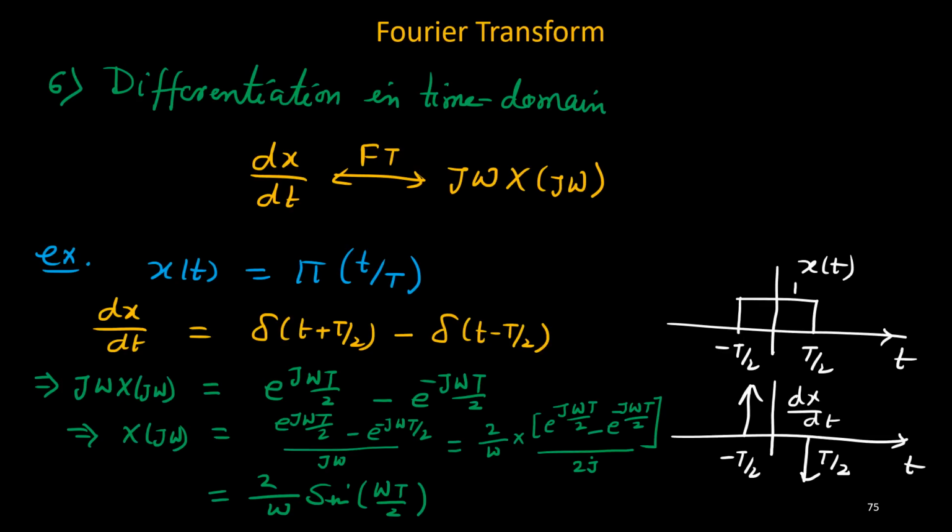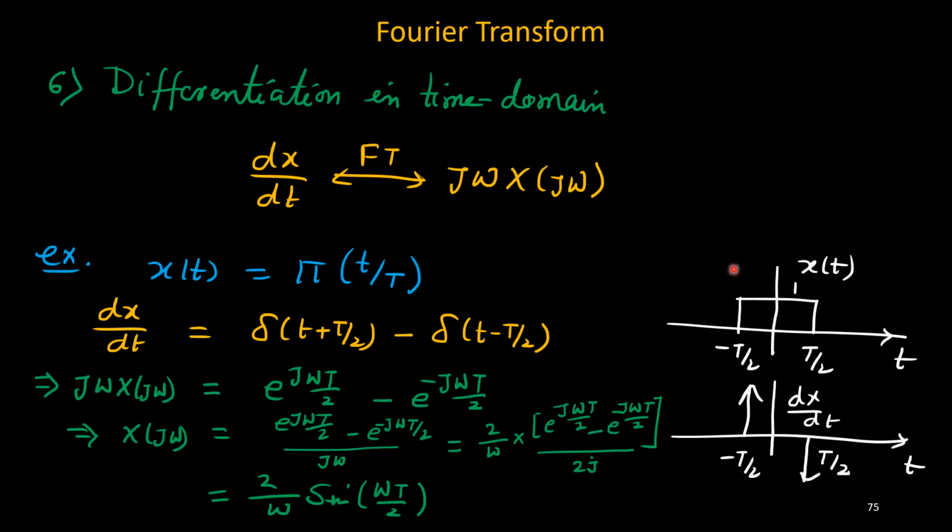Here I'll show you one example where we can use this differentiation property. Consider this gate signal or rectangular signal. Already we have computed this, pi of small t upon capital T. The width is capital T and the amplitude is 1. For this signal, I can find the Fourier transform using this property.